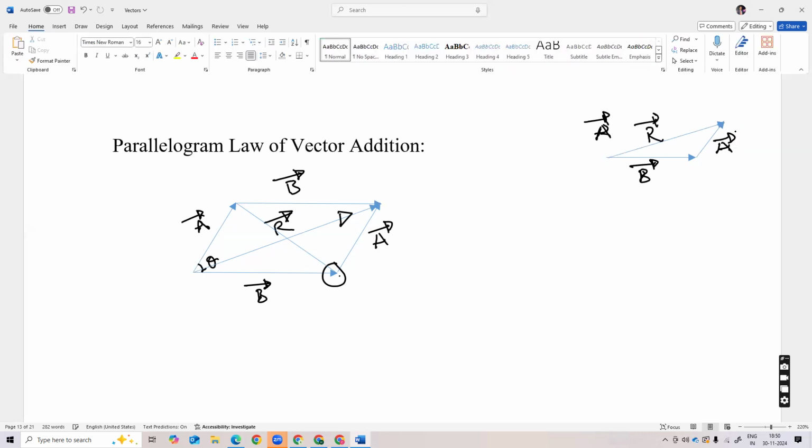This is basically the triangle law of vector addition, where R is A plus B.